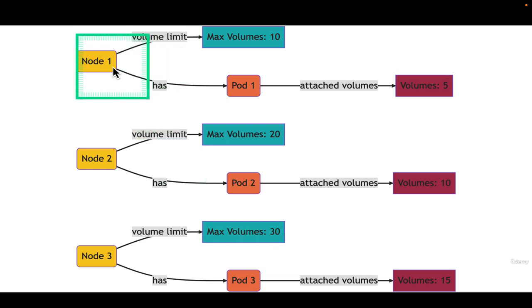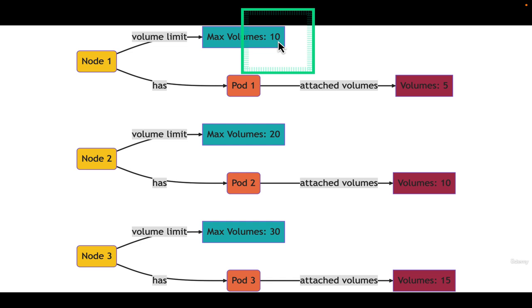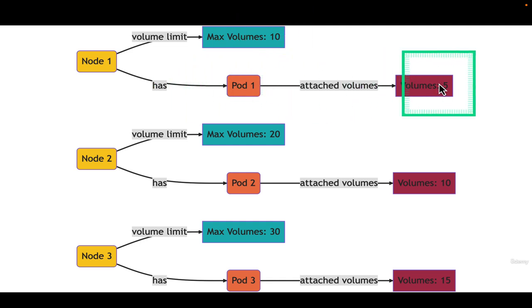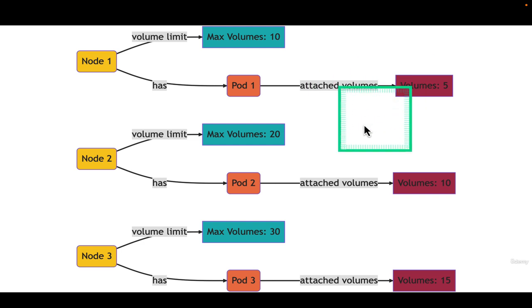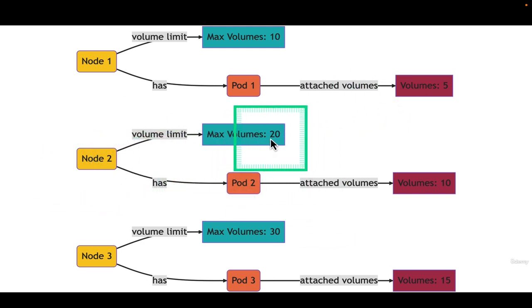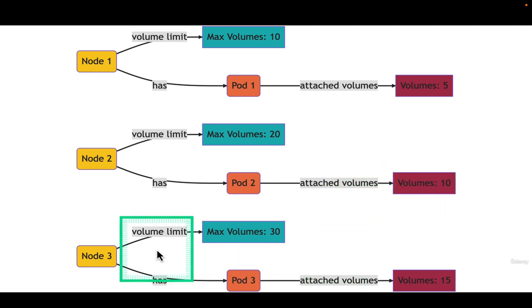So you have node 1 and it has a volume limit. For example, if the max is 10 and node 1 has 1 pod and attached volumes, let's say 5, then you still have 5 left. This is just an illustration. Another node can have a max limit of 10 volumes and pod 2 can have some number, and same for node 3.